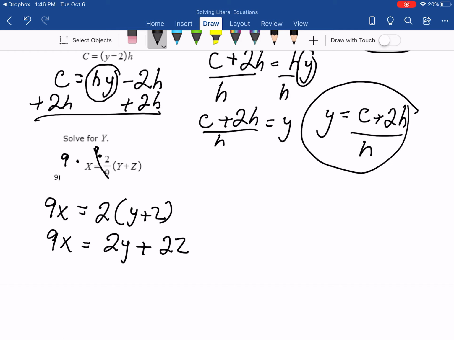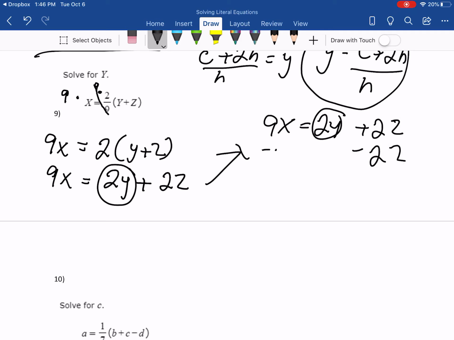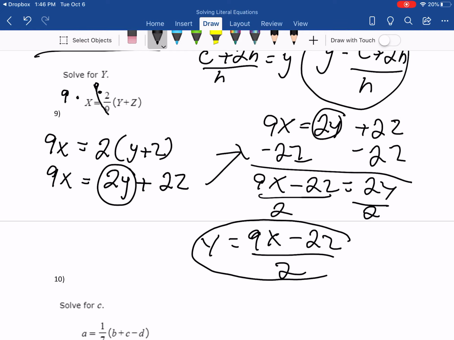And we want to solve this one for y. So let's come up here. Can move over the 2z. 9x minus 2z equals 2y. And then we'll divide everything by 2. So y equals 9x minus 2z all over 2.